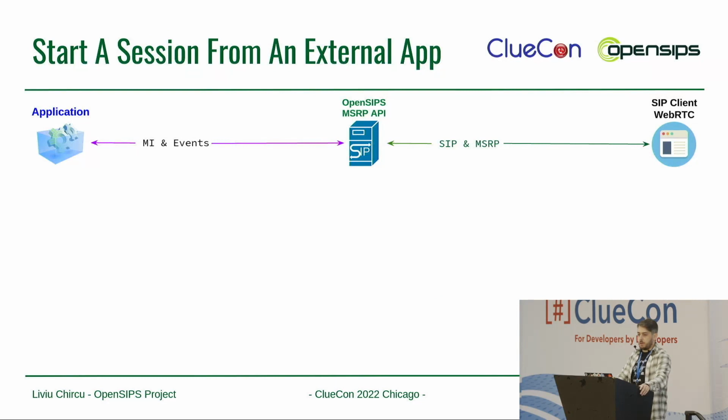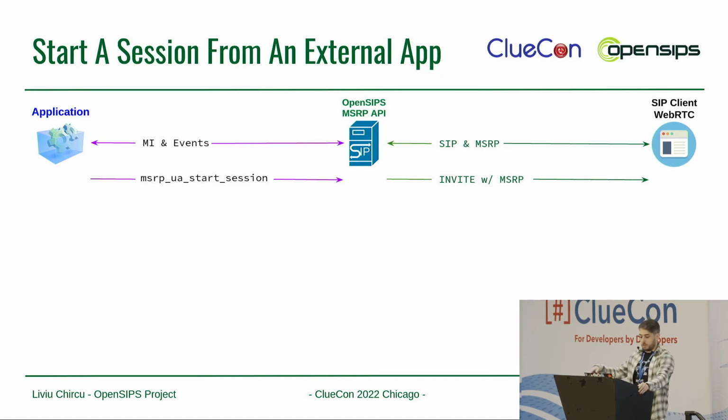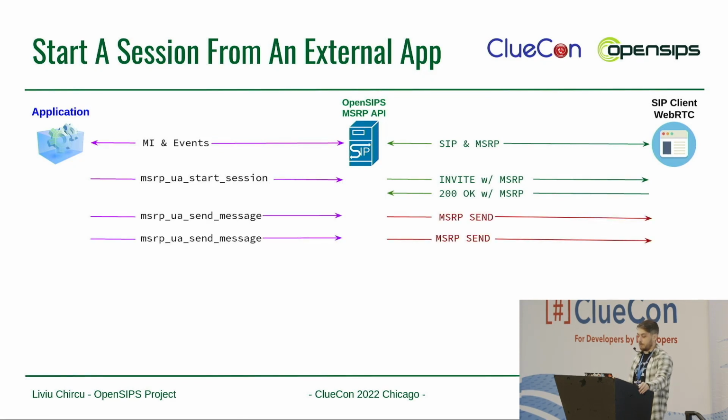Maybe you have a web application that is not MSRP based, and it's trying to reach a WebRTC client that is MSRP. For this, we would use the MI interface to start the session on the outbound leg, and then the OpenSIPS user agent module takes care of establishing the invite and the 200 OK, and now we have the MSRP session with the WebRTC client.